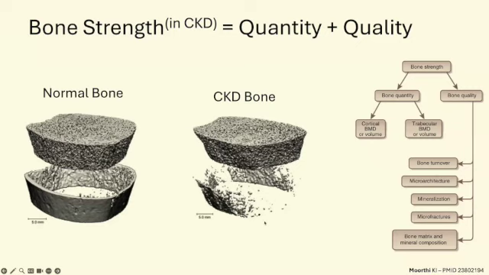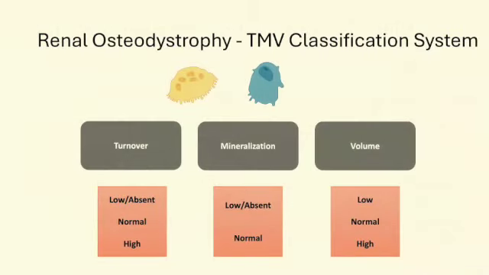Not just here in terms of the bone microarchitecture, but we also have to remember that in kidney dysfunction, there's bone cell dysfunction. There's something about the effects of uremia on the skeleton that causes abnormalities in both osteoblast and osteoclast cell function, where they have disorders in bone turnover, where turnover can be either absent completely, normal, or high.